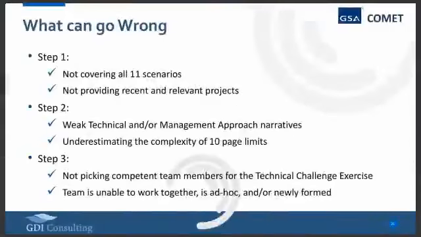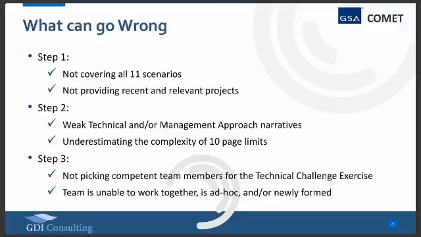Okay, now let's see what can go wrong in your pursuit of this opportunity and going after the proposal. Step 1, obviously not covering all scenarios. In other words, for any reason, you're not able to cover all 11. And that's why partnering is so important here, and perhaps even having 1 or 2 subcontractors as spare for each other, just in case one drops, you have the other one.